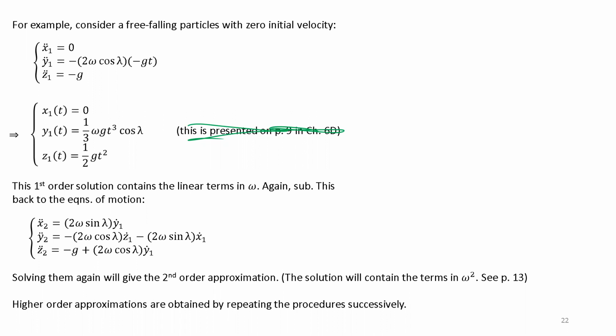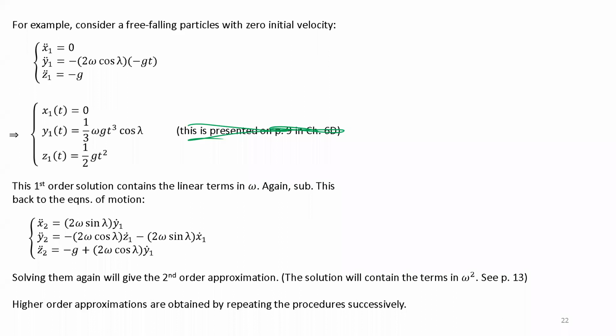And then you can keep doing that, to get the so-called higher and higher order solution, or higher and higher order approximation. And in principle, you are approaching closer and closer to the real exact solution. So in principle, that's what's going on here.